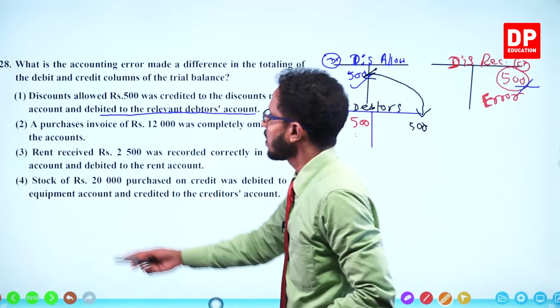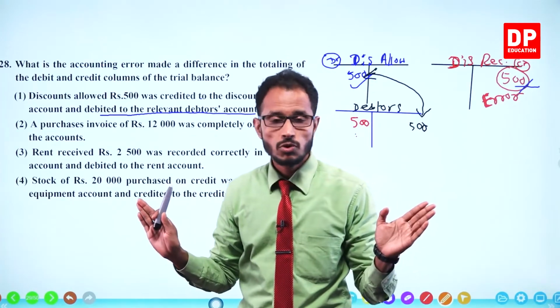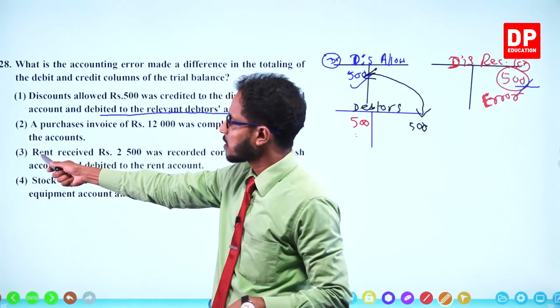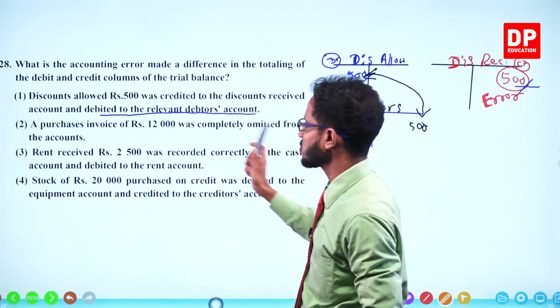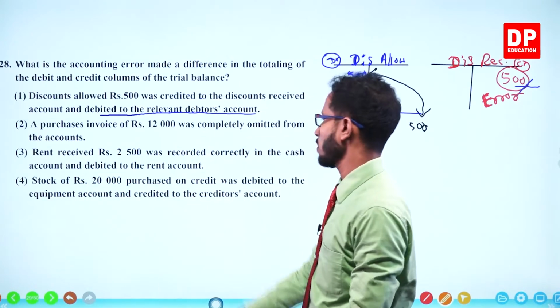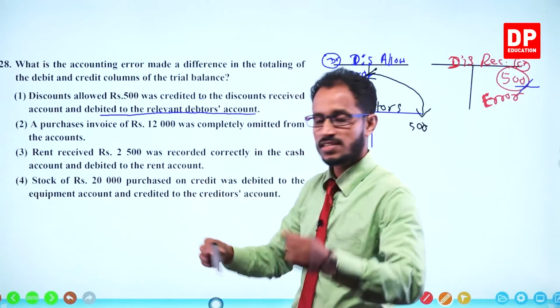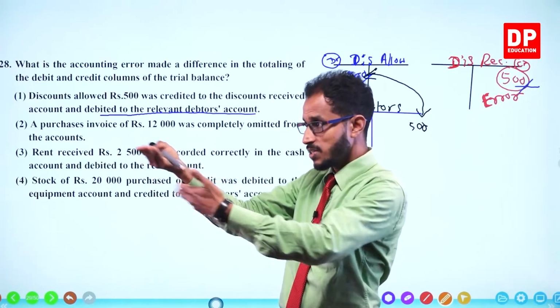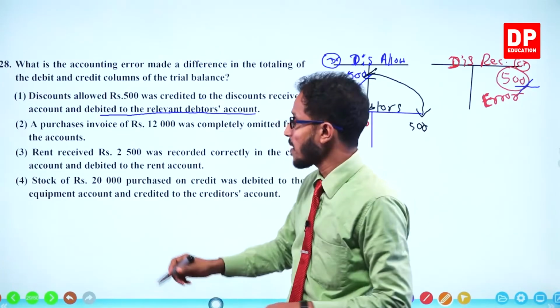No. A purchase invoice of 12,000 was completely omitted. Complete omissions do not create a difference. Rent received 2,500 was recorded correctly in the cash account and debited to rent account. Rent received, cash comes in, so debit the cash book, credit the income account.